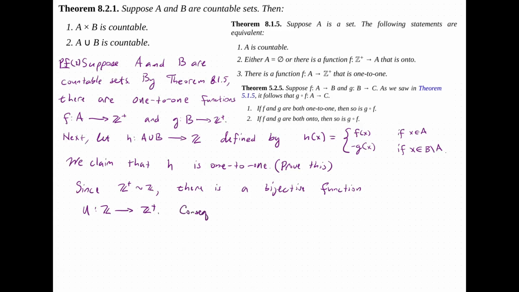Consequently, by theorem 525, we have that the composition of u with h is 1 to 1. But now this is a function going from A union B to the positive integers.